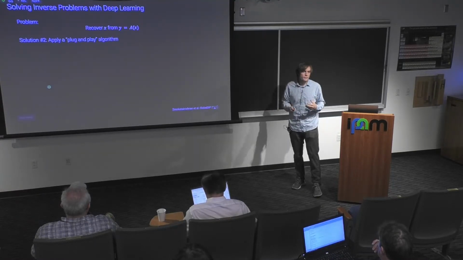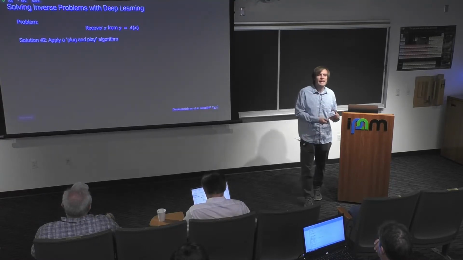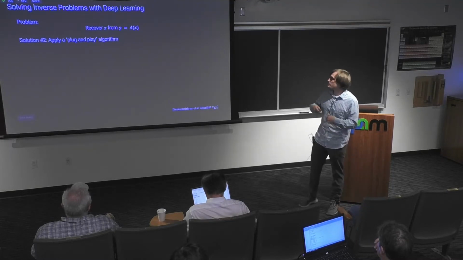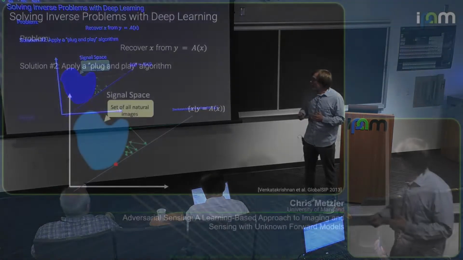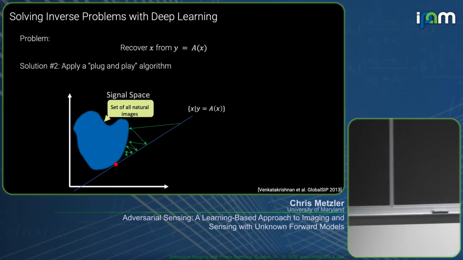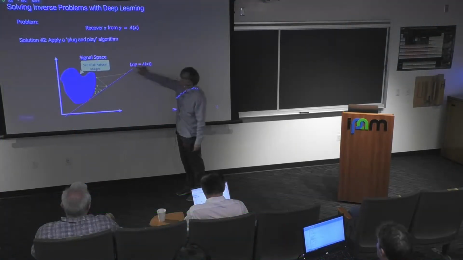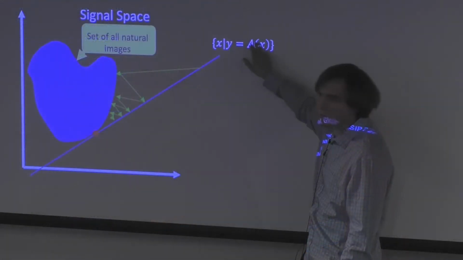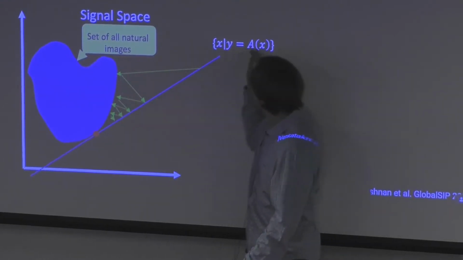Now, an alternative approach that gives you the flexibility to handle these changing models is plug-and-play reconstruction. And the intuition you can have with plug-and-play is that you have the set of signals that are consistent with your measurements. So this is the set of Y equals AX. If this is a linear operation, this is a matrix multiplication.